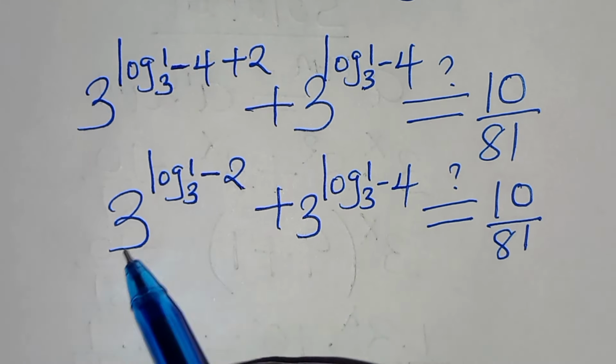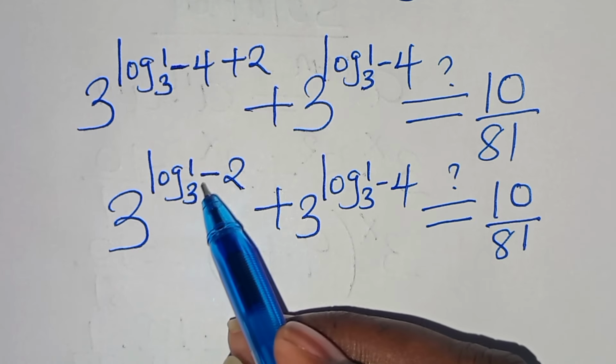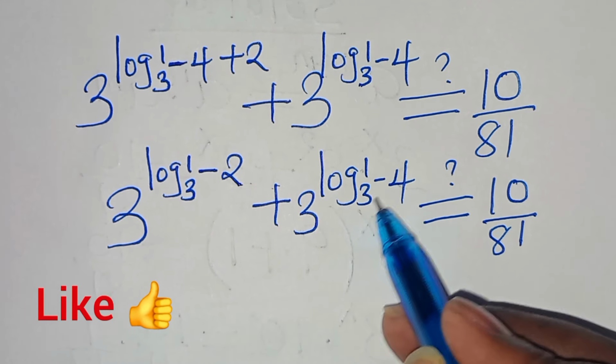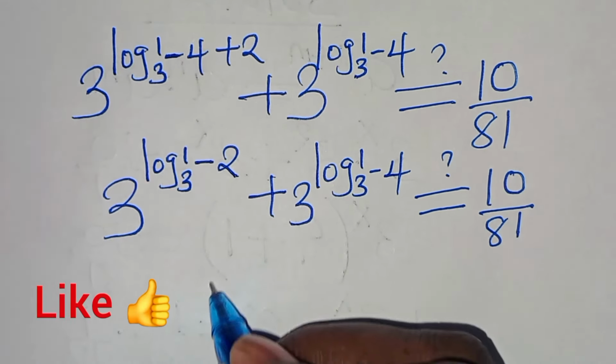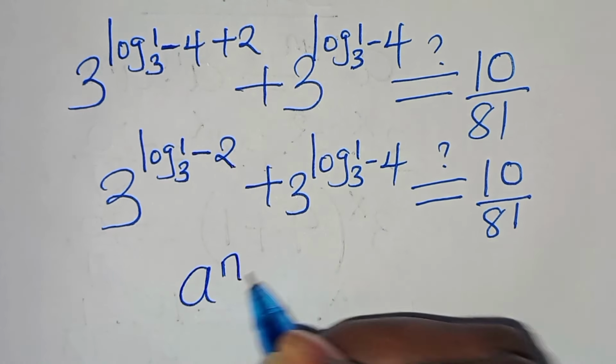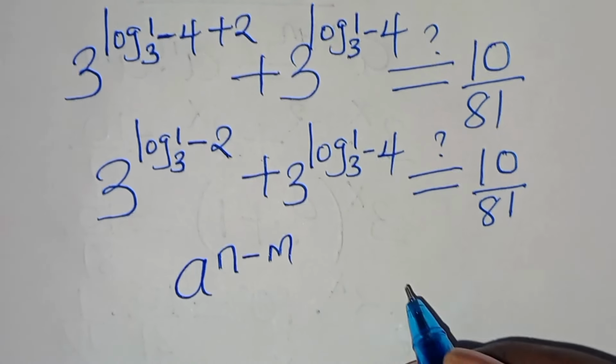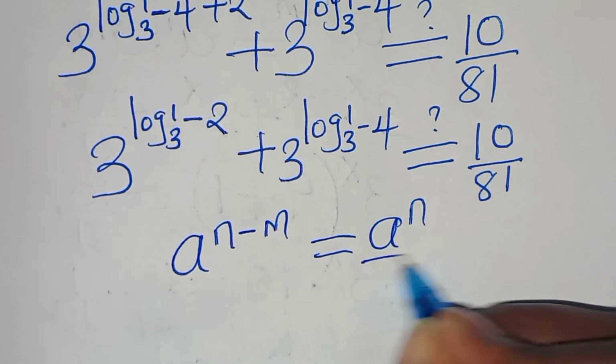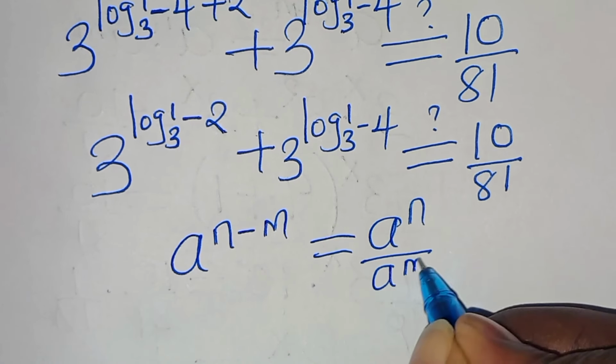Now, 3 to the power of log 1 to base 3 minus 2 and 3 to the power of log 1 to base 3 minus 4, this is in the form of a to the power of n minus m, which we can express as a to the power of n divided by a to the power of m.